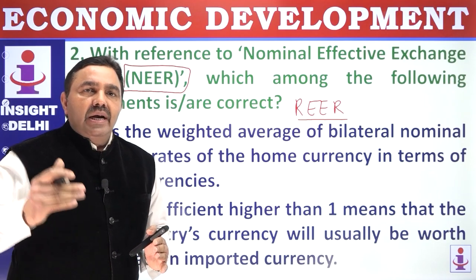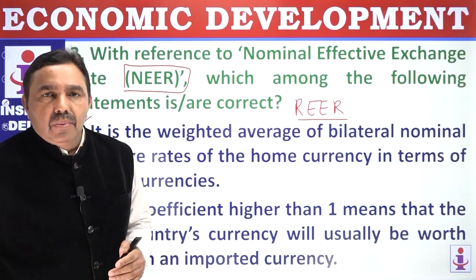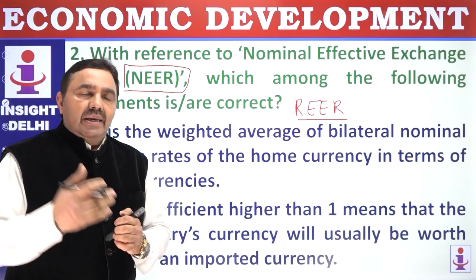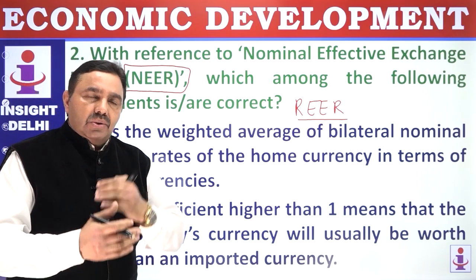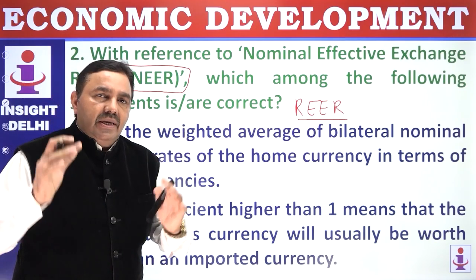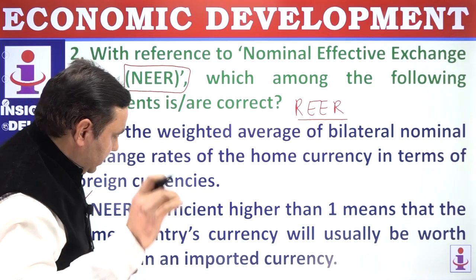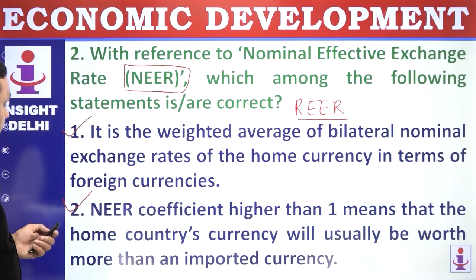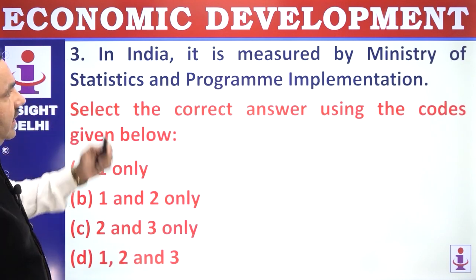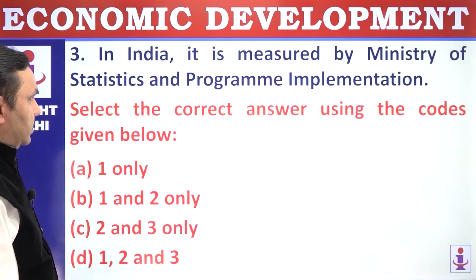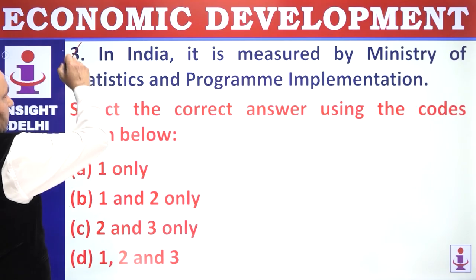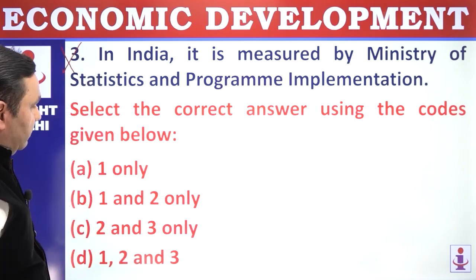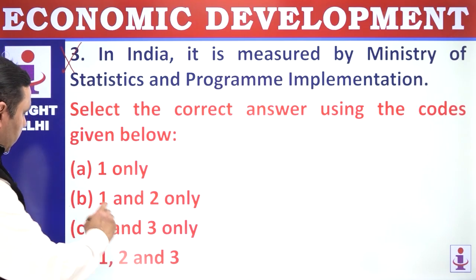Our currency will be more in demand if we are exporting more, because then they have to buy from our side. So this indicates that our currency is usually worth more than the imported currency. Point number 2 is correct. Point number 3: in India, it is measured by the Ministry of Finance, not the Ministry of Statistics and Programme Implementation. So the third one is wrong.